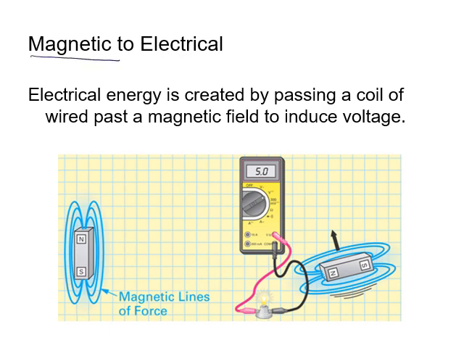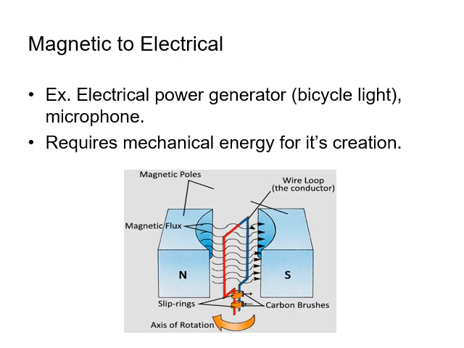Magnetic to electrical. When you have a coil of wire and you pass a magnet through it, it would create a voltage. This is a phenomenon known in electricity. So what happens is we have a huge magnet, and in here, we create a coil.